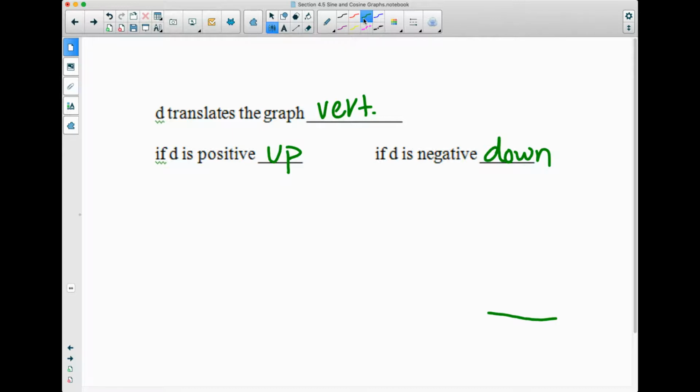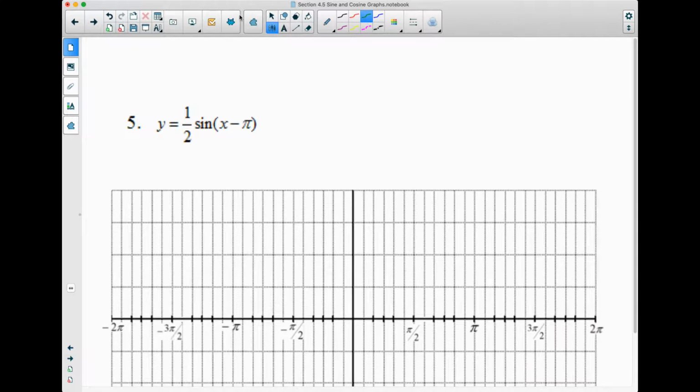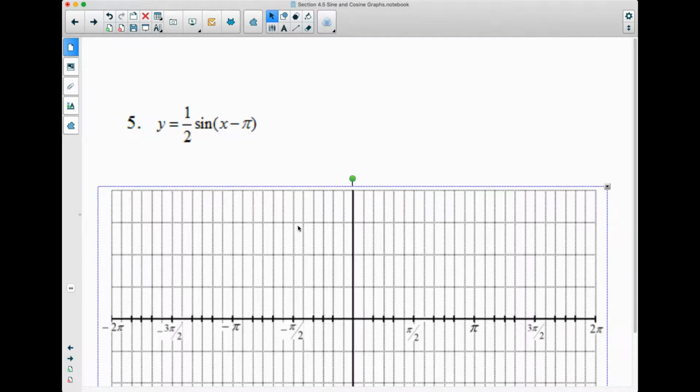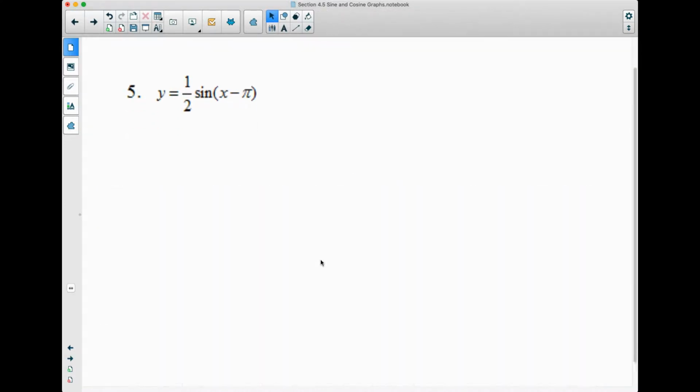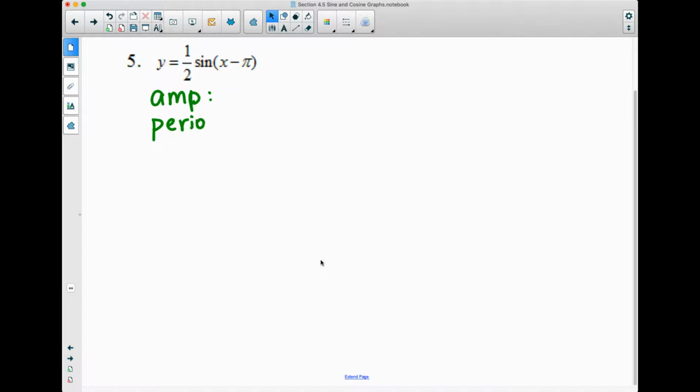Okay. So let's do some examples. First, what I want you to write out is any of the little details that we're going to talk about. Tell me the amplitude, tell me the period of the function, and tell me the phase shift.